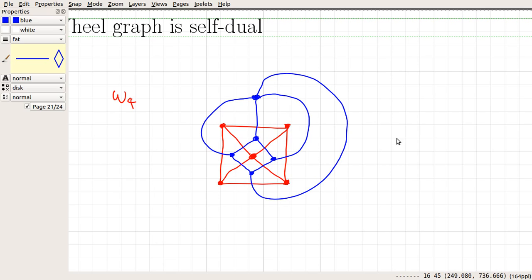So if you look at our dual graph G star, we can very easily see that it looks something like W4. We can very easily verify that it is also isomorphic to W4, and that says W4 is a self-dual graph.